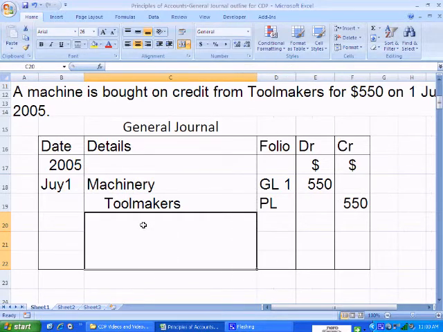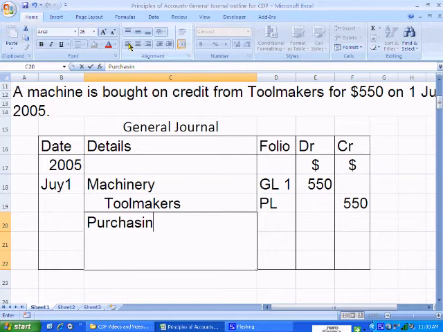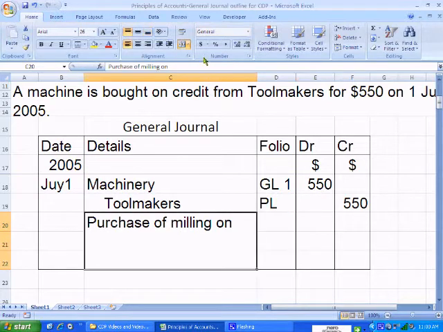It should be purchase of milling equipment on credit. That will be the narration.